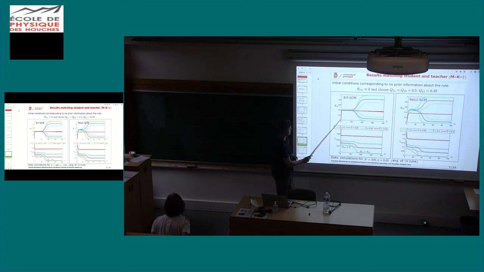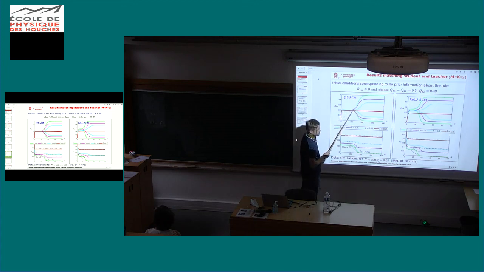So typically in the beginning you have a sharp increase of the student-teacher overlaps. In this phase the student basically approximates the rule, and these values plateau, and actually this is a fixed point of the dynamics, which is repulsive, and eventually the student units start to specialize into the teacher unit, and it loses the specialization to the other unit.